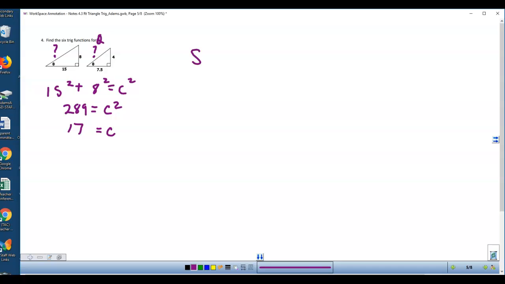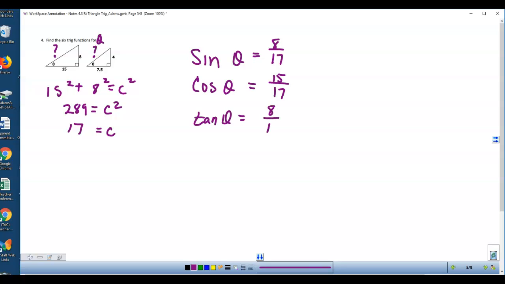All right, so I'm going to do sine of theta because we don't know what the angle is, which is opposite over hypotenuse, or 8 over 17. And then cosine of theta, which is adjacent over hypotenuse, which is 15 over 17. And then tan of theta, which is opposite over adjacent, so that's going to be 8 over 15.